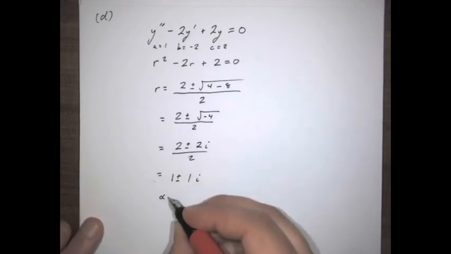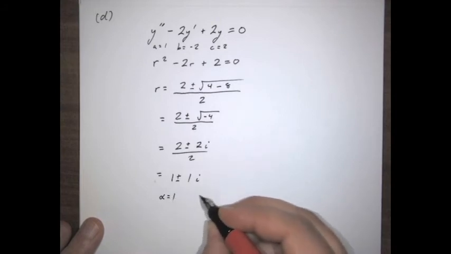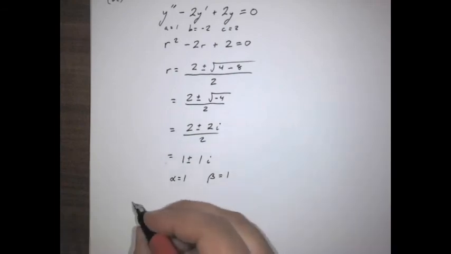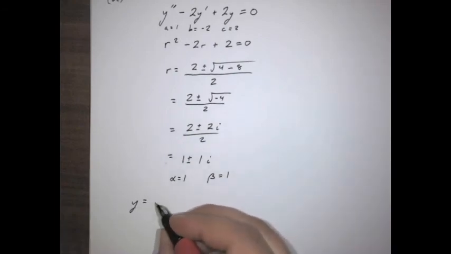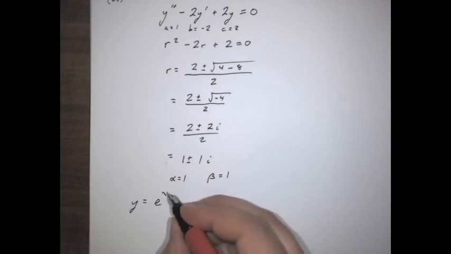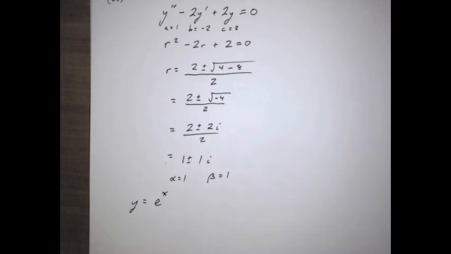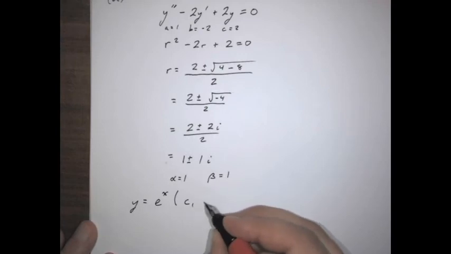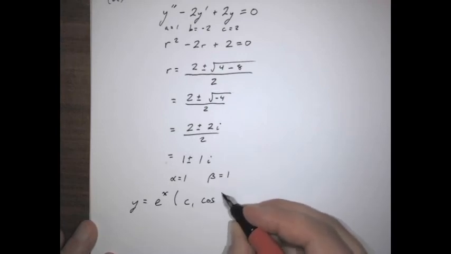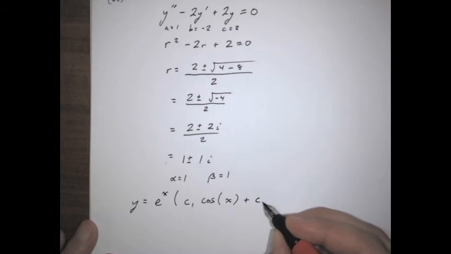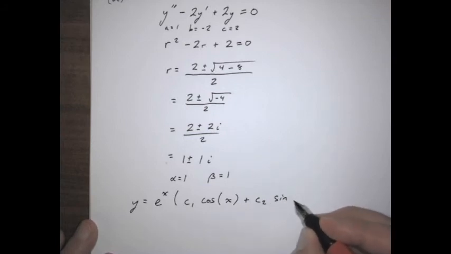So in other words, according to the framework we've said, alpha should be 1, beta should be 1. And so then the general solution is going to be y equals e to the alpha x, so e to the x, times c1 cosine beta x plus c2 sine beta x.